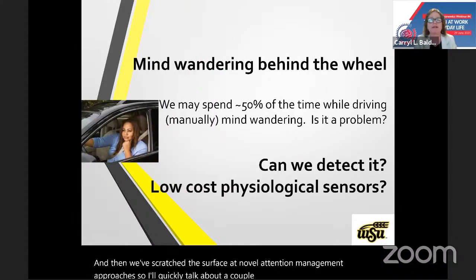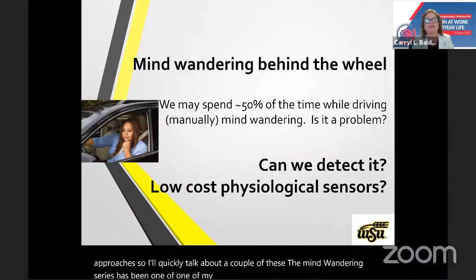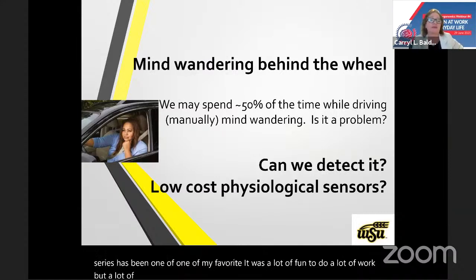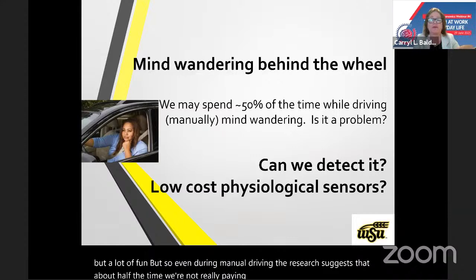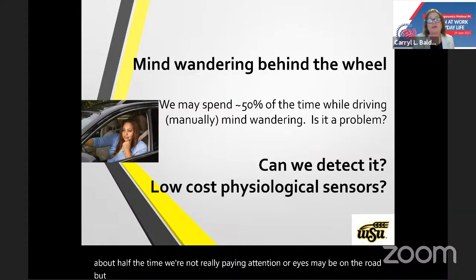So I'll quickly talk about a couple of these. The mind wandering series has been one of my favorites. It was a lot of work, but a lot of fun. Even during manual driving, the research suggests that about half the time we're not really paying attention. Our eyes may be on the road, but our mind is not. So we conducted some research to see, could we even detect these periods of time?